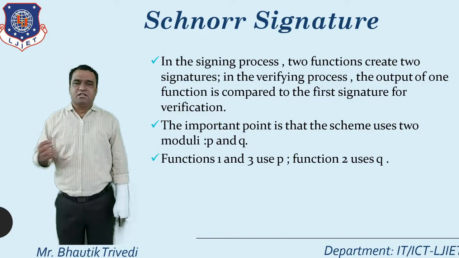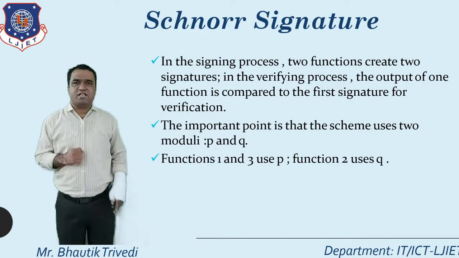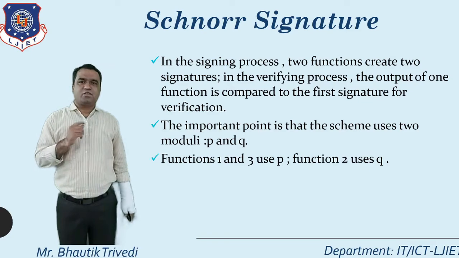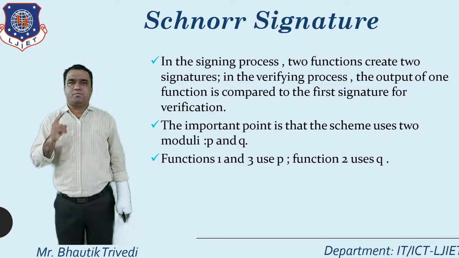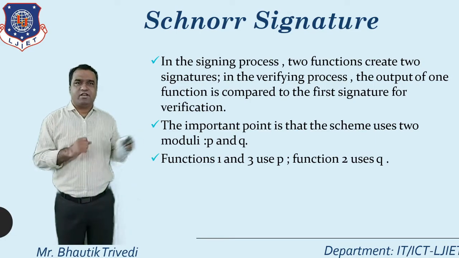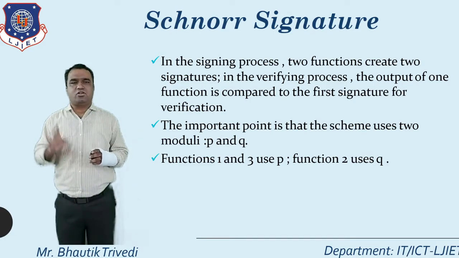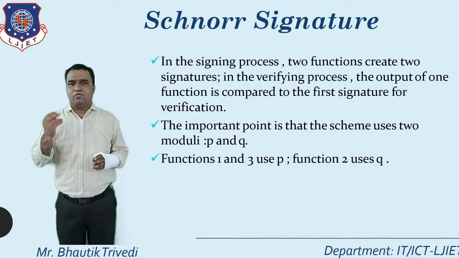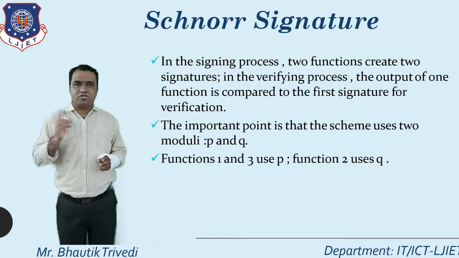Again, this is the last point of this session. Must remember one thing: the Schnorr digital signature passes through two phases, one the signing and the second the verifying. In the signing process, two functions are used, so using the two functions you create two signatures.